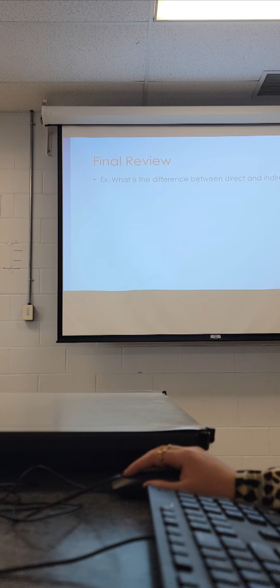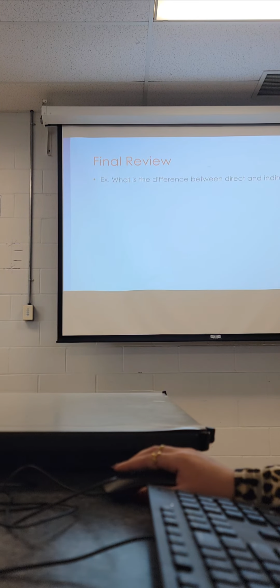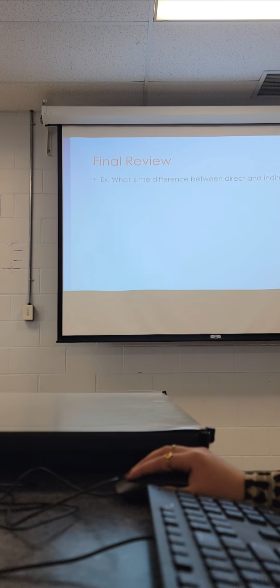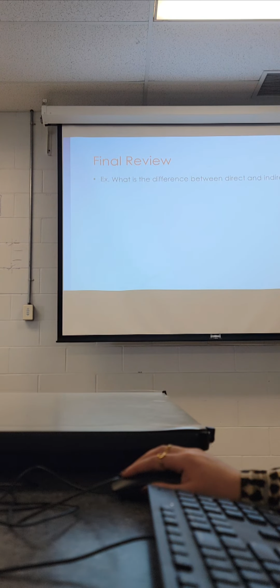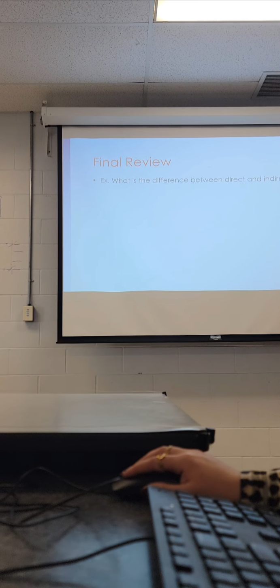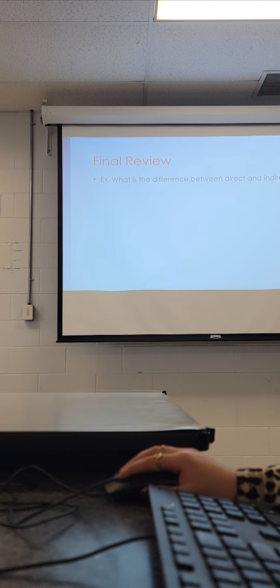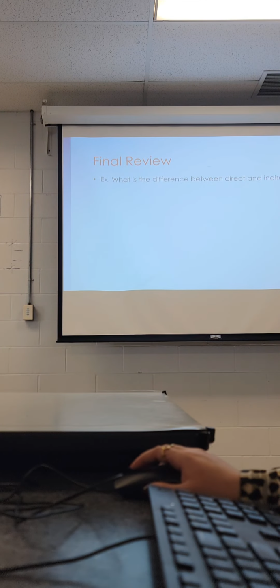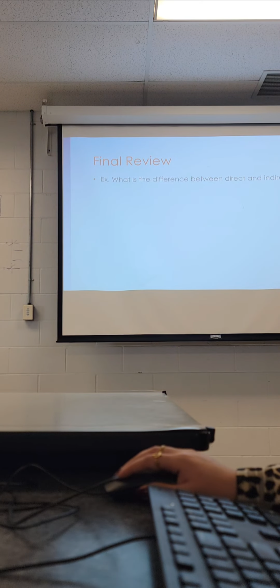What's the difference between a direct and an indirect cost? Direct is one that's planned, and indirect is something that just happens unexpectedly. That's foreseen and unforeseen. Something that's planned is something you can expect, and something you didn't know is unforeseen, so that's the total cost.